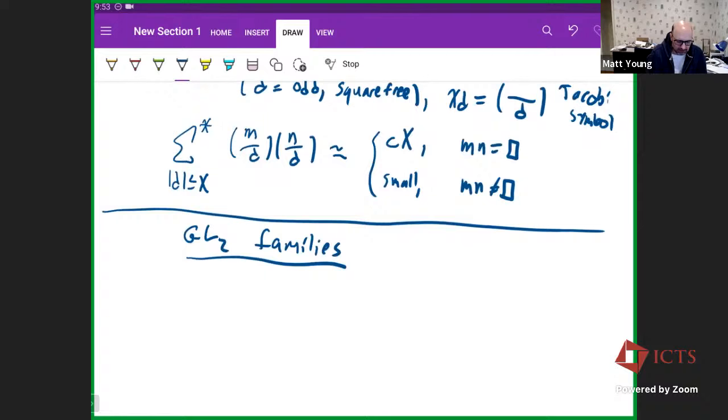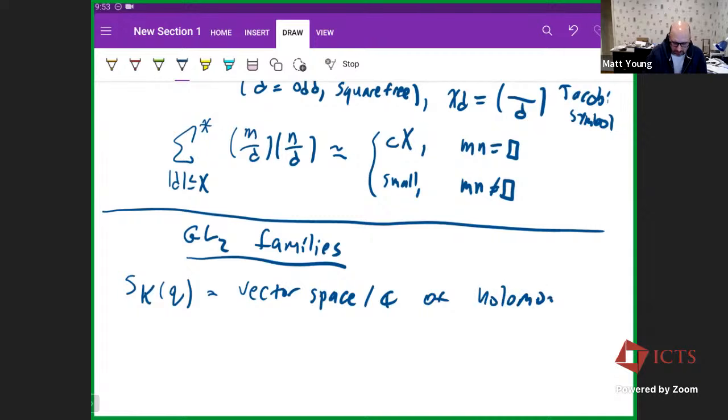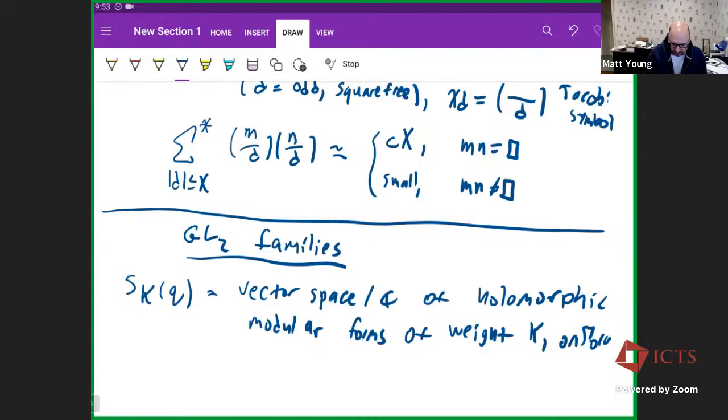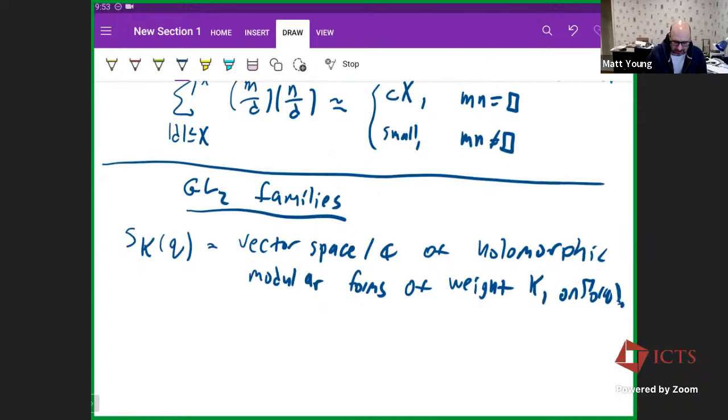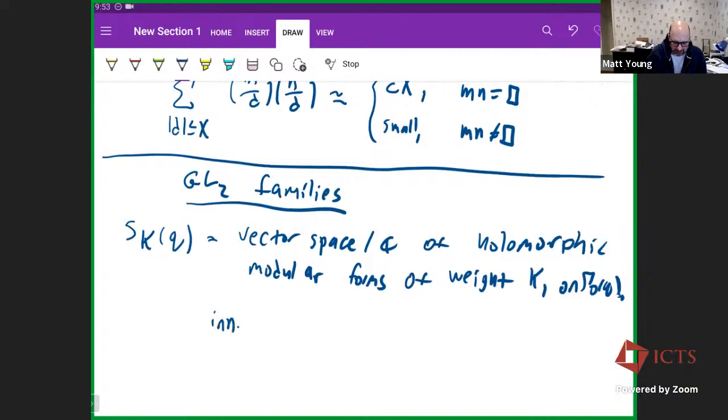So here, let's look at S_k(q). Remember, this is the vector space over the complex numbers of holomorphic modular forms of weight k on gamma 0 q. And this is a vector space, and it has an inner product, the Petersson inner product.